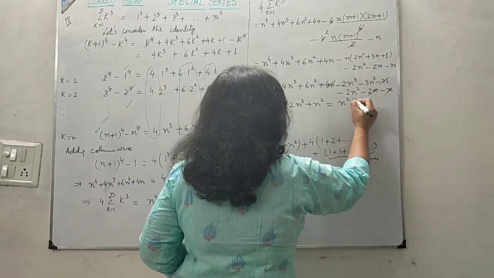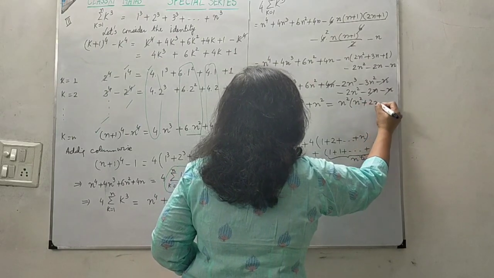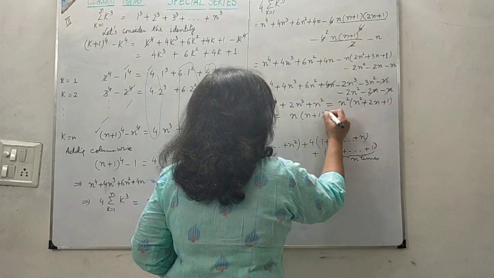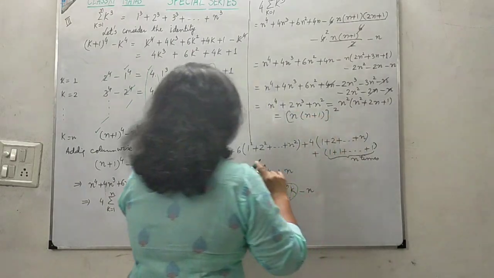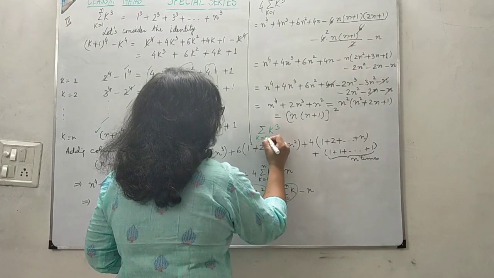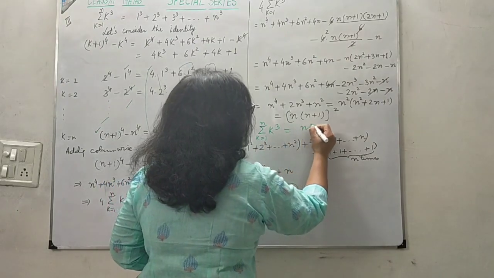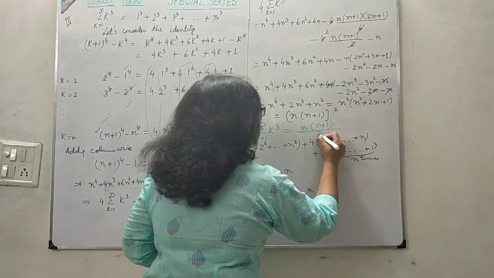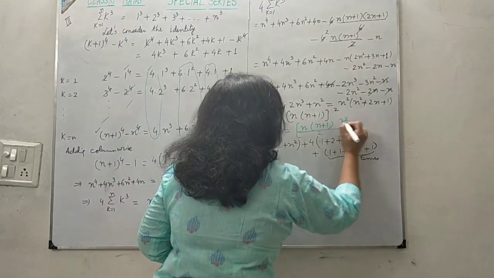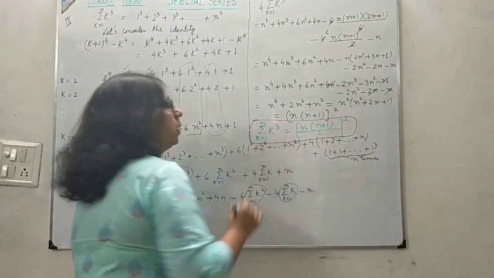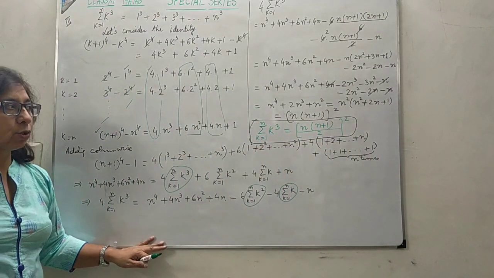Now this is n square into (n square plus 2n plus 1), that means n square into (n+1) whole square. Now in the last, if I simplify sigma k cube, k running from 1 to n, I will get (n(n+1)/2) whole square. And now I am getting this formula for the special series, the sum of the cubes of n natural numbers.